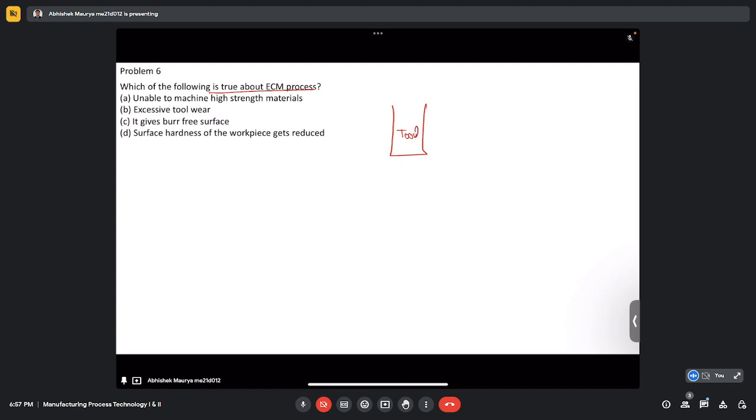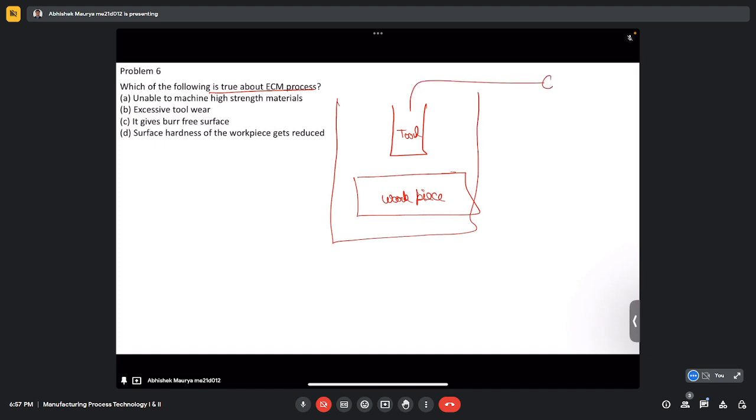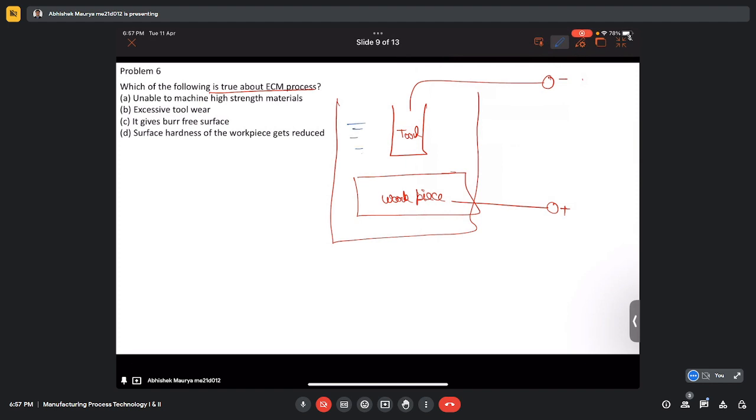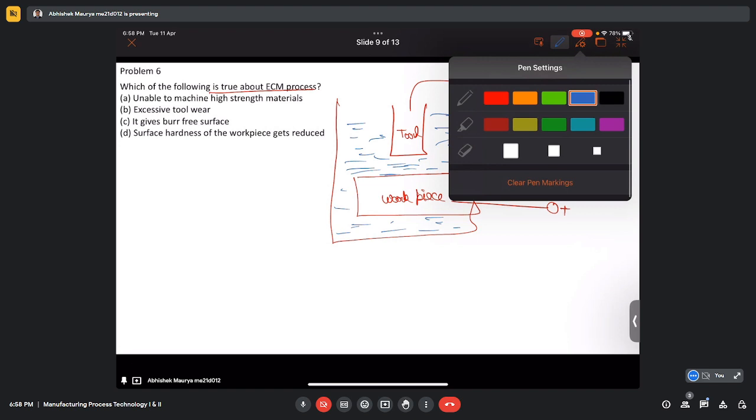So tool, workpiece, and electrolyte. Tool is connected to the negative charge, workpiece is connected to the positive charge, and there is an electrolyte.